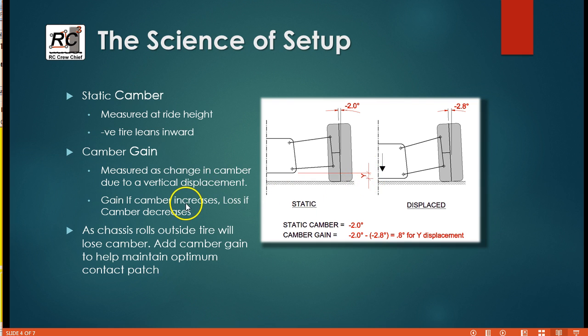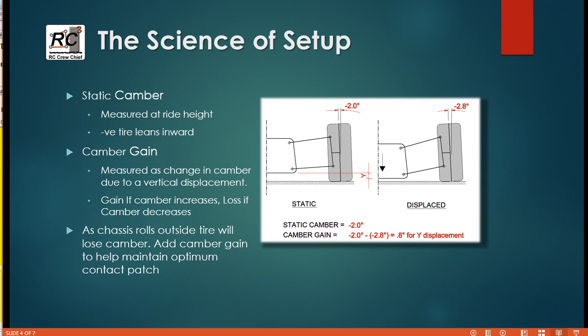So if the camber value increases, we have camber gain, and it's a camber loss if it decreases. Normally you don't want camber loss, you want camber gain, because as the chassis rolls, you actually lose camber on the outside tire. So you want to add more camber to counteract that loss as the chassis rolls.